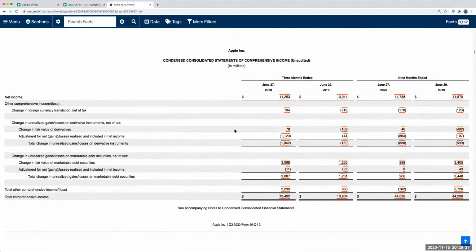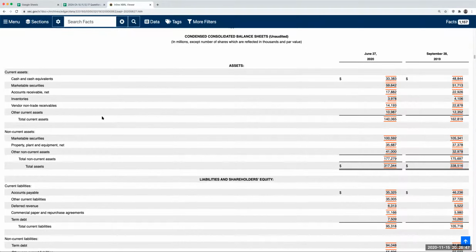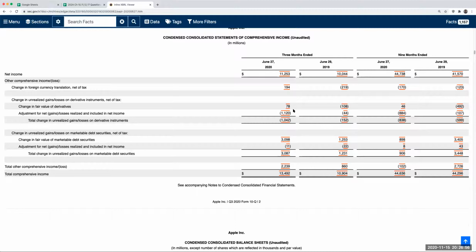And I probably talked a little bit about this when we were first starting the class. But if you look over here, Apple has a lot of money in investments. They have marketable securities here of 59 billion, marketable securities here of about $100 billion. And so when you hold investments like that, you're going to have unrealized gains and losses, meaning that we need to record our securities at market value.